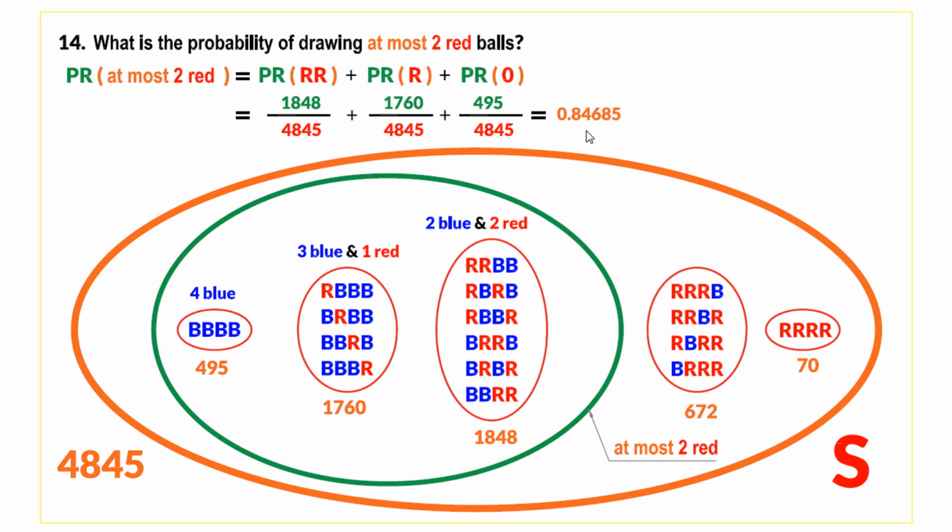That's exactly question 13 but written in a different way. If we recall question 13, the probability of at least 2 blue is exactly equal to the same sum of these events in question number 14. So we can conclude that the event at most 2 red is equivalent to the event at least 2 blue in this problem here.